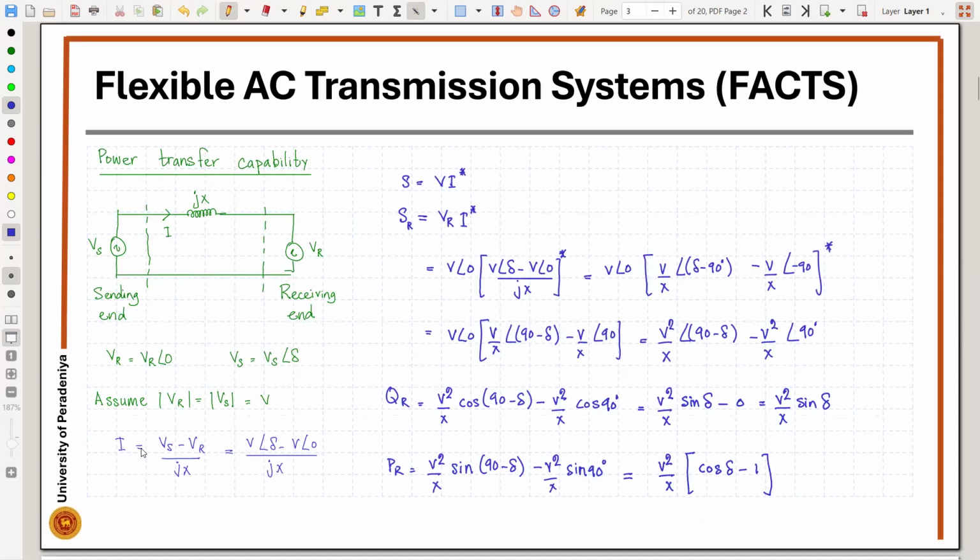How about this one? Is this correct? Yeah. This is correct. Yes, sir. So how many of you think this is correct? Can you raise your hand?